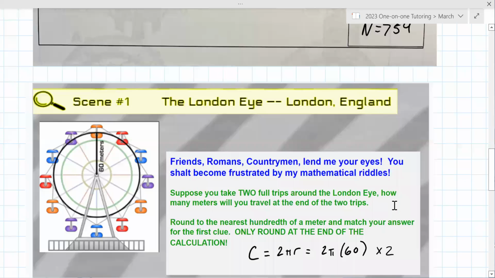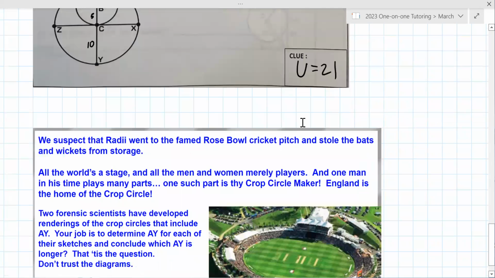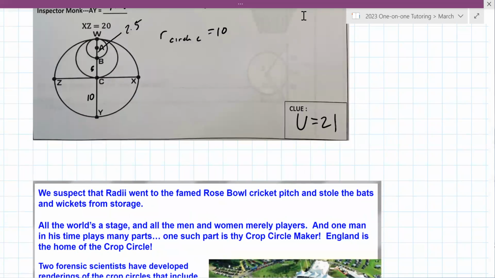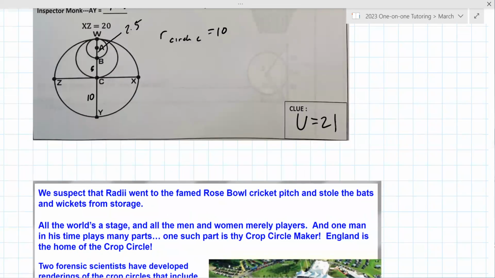And then we had N equals 754, I guess. Choose the clue on the crop circle. Move the blue box to highlight the clue of the crop circle. Okay, all right, so you're doing that part.